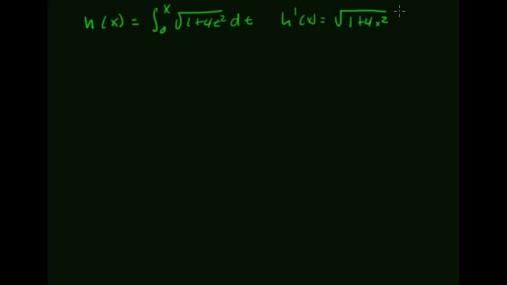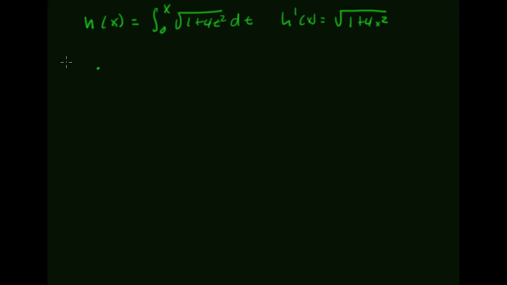Alright, so if h of x is the integral from 0 to x of the square root of 1 plus 4t squared dt, this means h prime of x is the square root of 1 plus 4x squared. Using Euler's method, we're starting at (0, 0), because when t is 0 this is what we want.